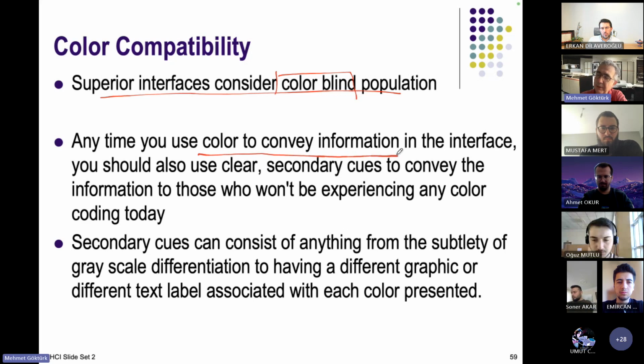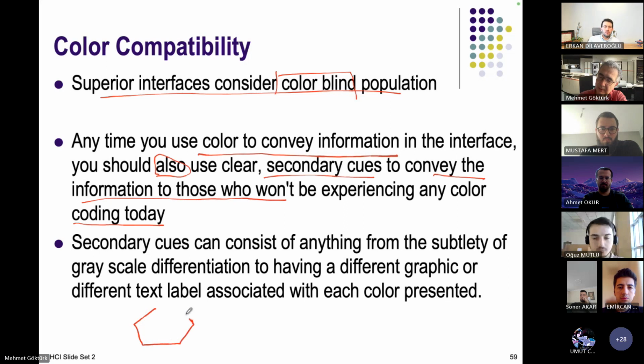to give information in the interface, we should also use clear secondary cues to convey the information to those who won't be experiencing any color coding. So in addition to color, you need to provide secondary cues, such as a red stop button, but you say stop here.